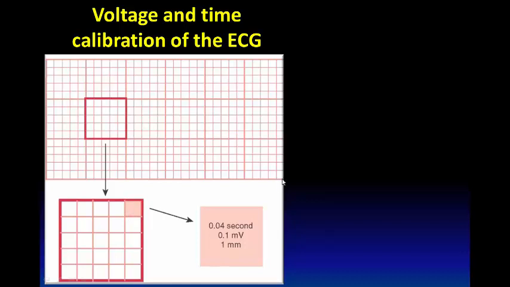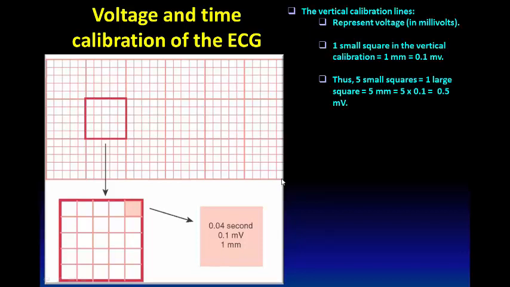The vertical calibration lines in the ECG paper or in the ECG display represent the voltage in millivolts. As we just mentioned, one small square in the vertical calibration is equivalent to 1 millimeter, and 1 millimeter in the vertical calibration is equivalent to 0.1 millivolt.